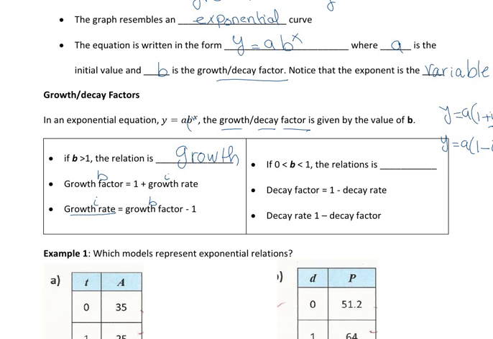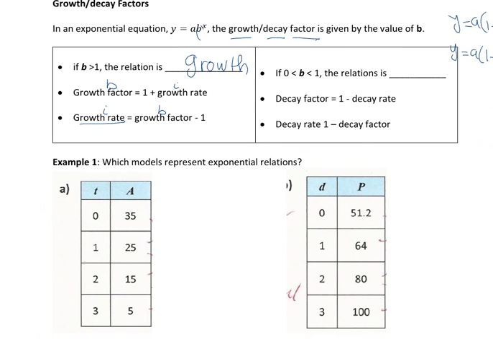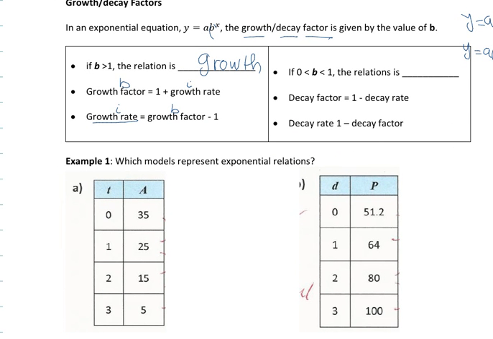If b is between 0 and 1, then the relation is growth or decay? Between 0 and 1. Decay. And then how do they get that growth or decay factor? To get that decay factor, which is b, I have to do 1 minus my decay rate, which is 1 minus i, right?